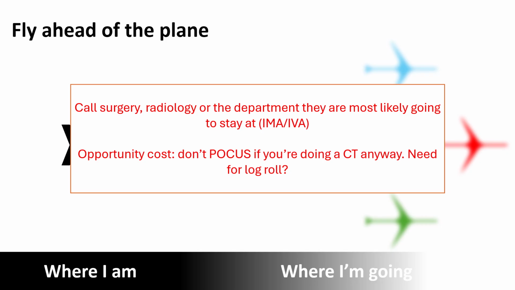It might get us some data, like ECG or POCUS or whatever, but they're not harmful in and of themselves. They don't harm the patient, but they might take time from something that would be more important for the patient, like going to the CT.